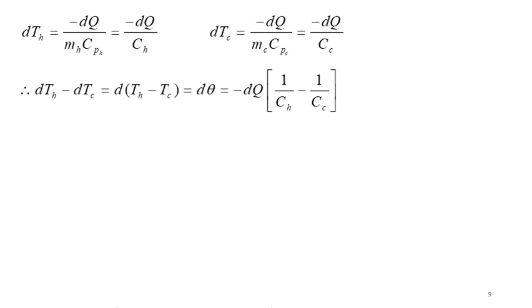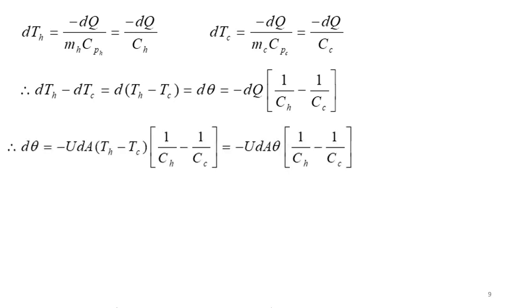Now we equate dq equal to U dA (TH minus TC), and finally we get minus U dA theta (1 by CH minus 1 by CC).